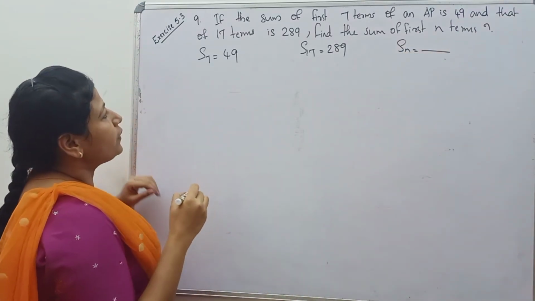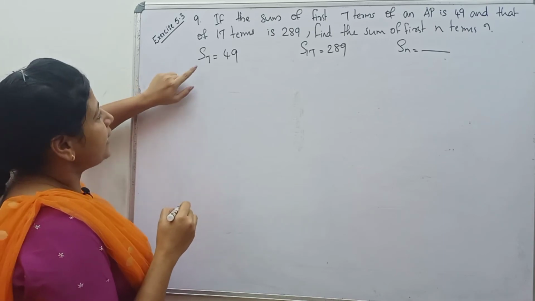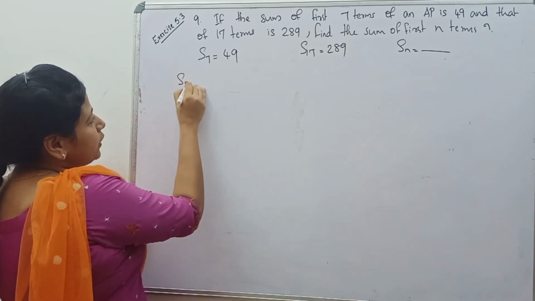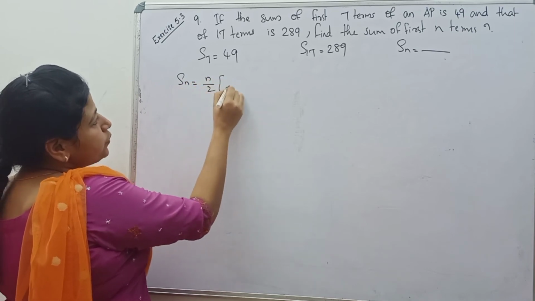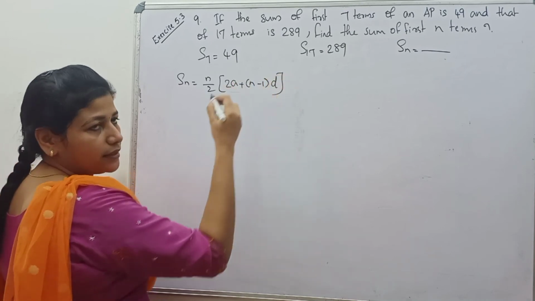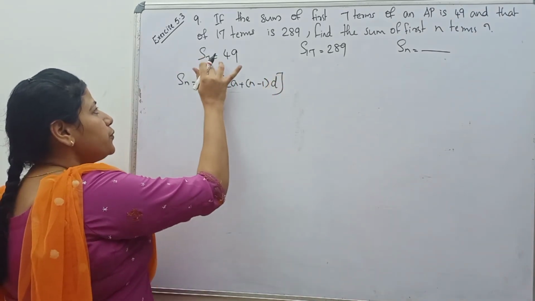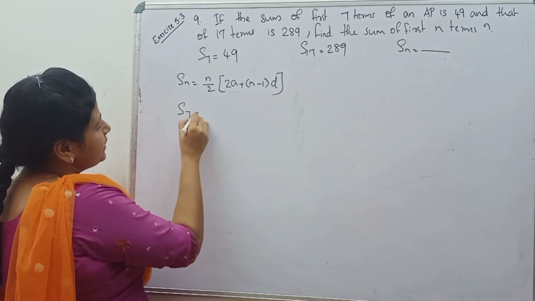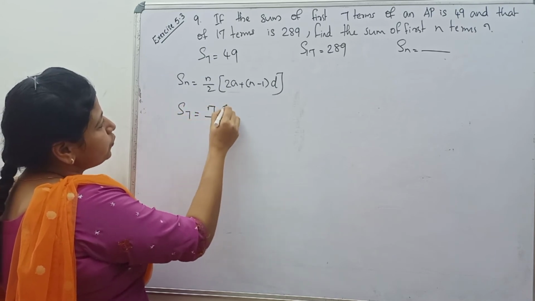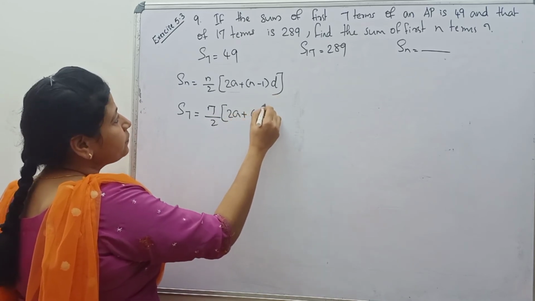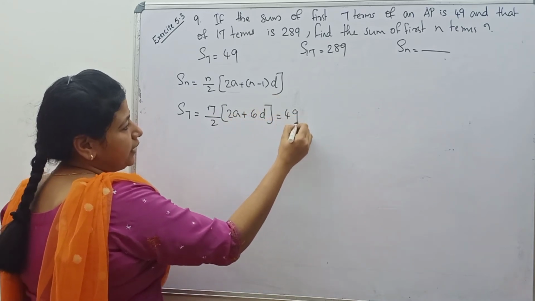Okay, so from the given conditions we can start. S7 equal to 49 means we have Sn equal to n by 2 into 2a plus n minus 1 into d, isn't it? This is the formula. So if you are using 7 instead of this n, that is 7 by 2 into 2a plus 7 minus 1 is 6d, which is equal to 49.